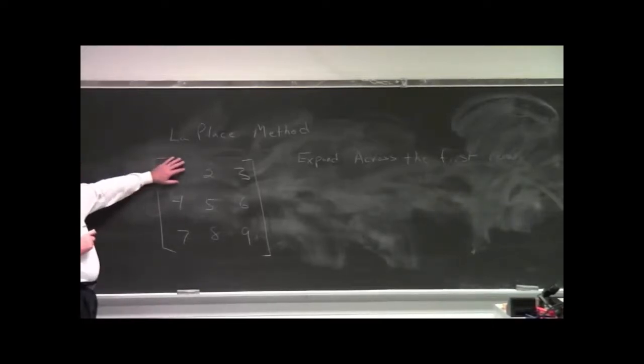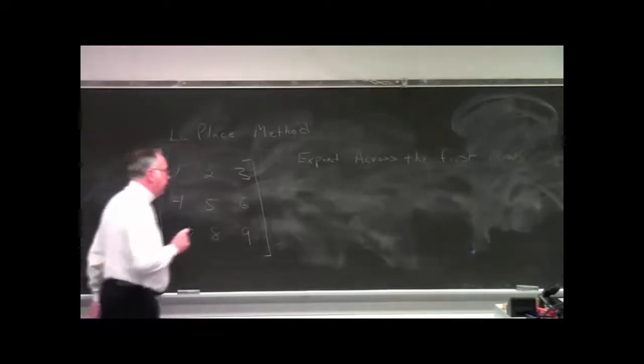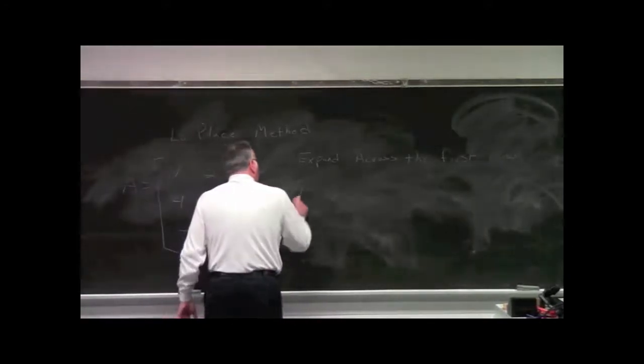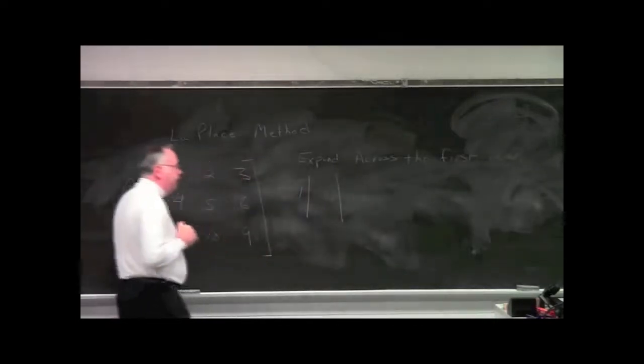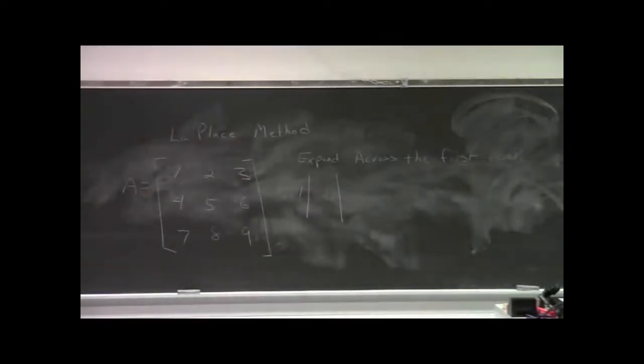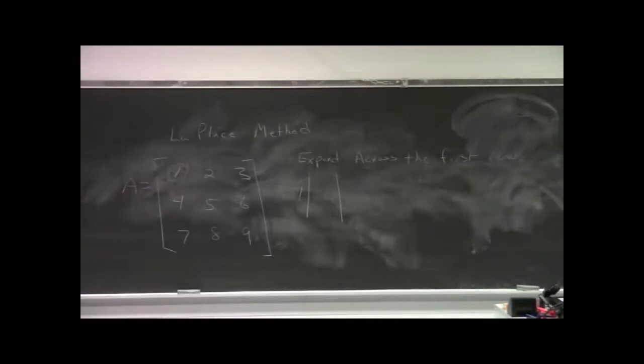You take this element, 1, that's first column, first row, the first element in the first row. You take that, and then you multiply it by a determinant that's formed by deleting the first row and the first column. We're dealing with this element here. So actually, this is called the minor of this element.